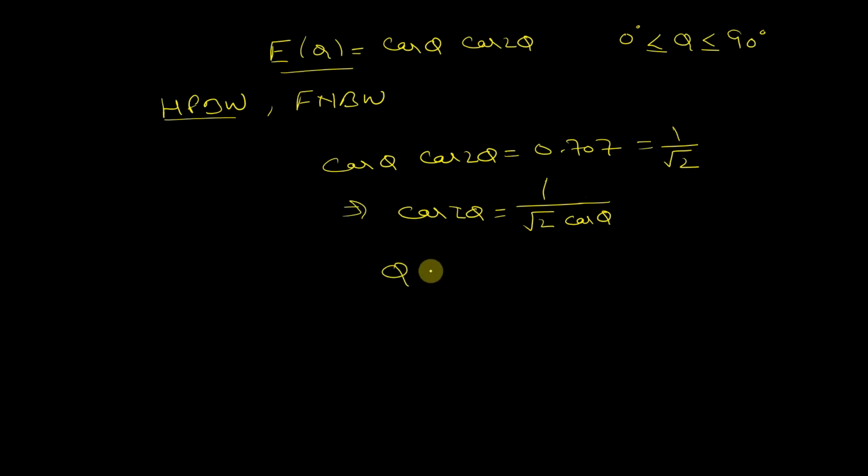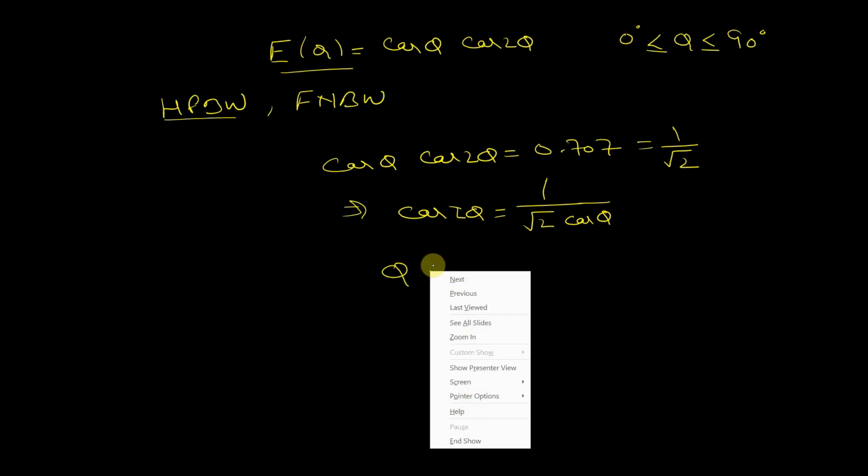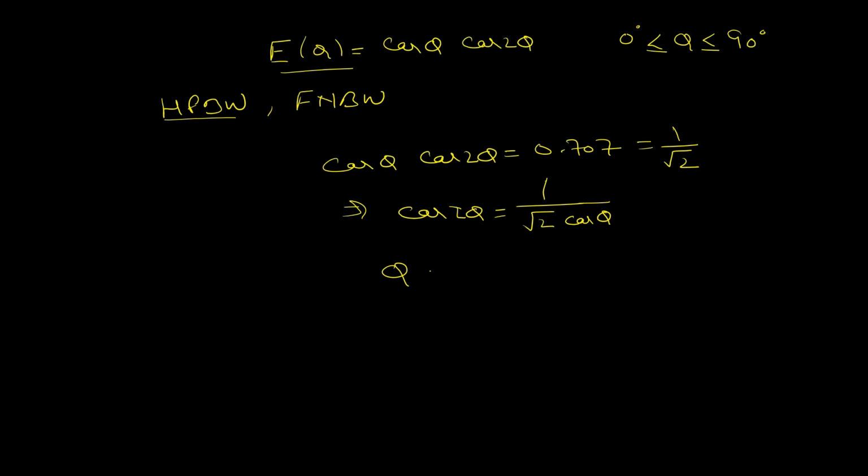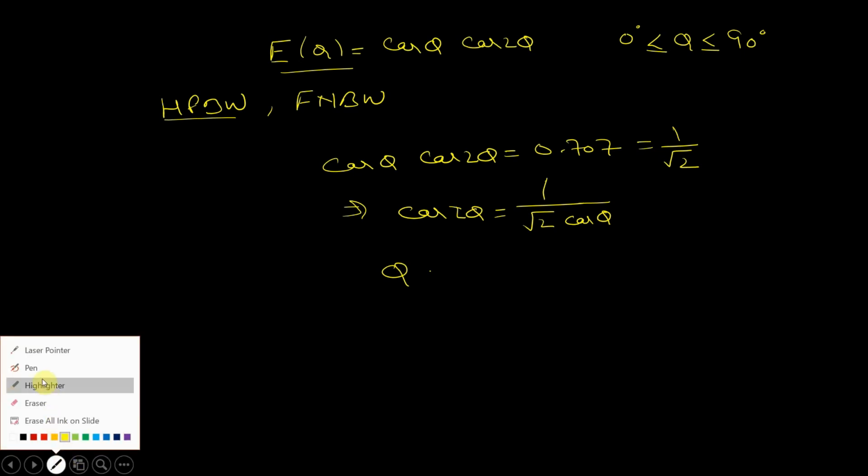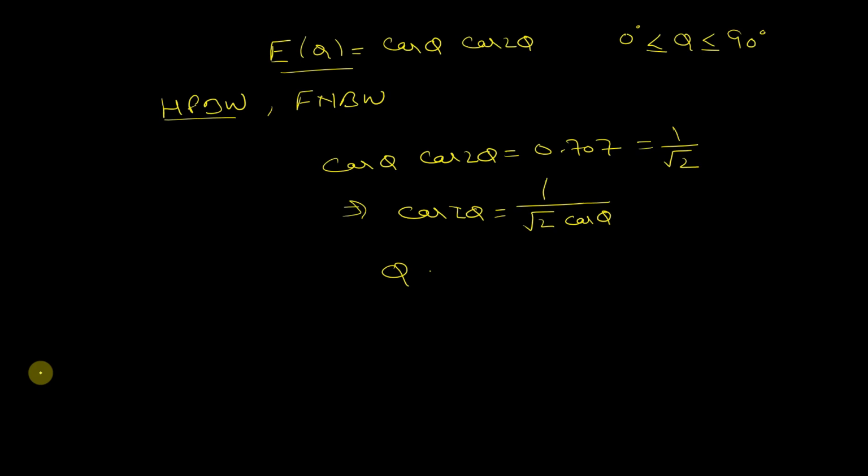So theta will be equal to what? Theta is equal to 1 by 2 cos inverse of 1 by root 2 cos theta dash, let us say this is theta dash.